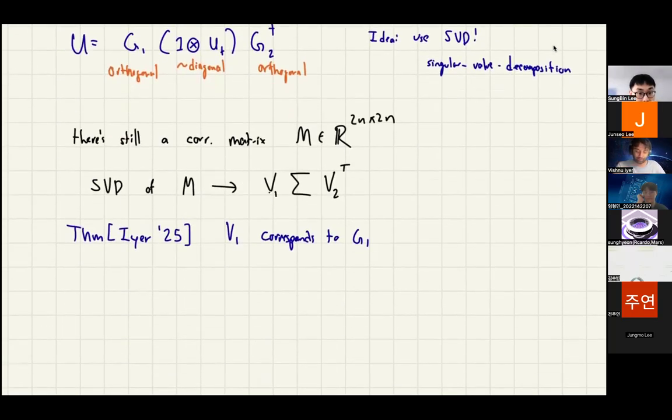Okay? V1 corresponds to G1, V2, which is this other matrix. So this is orthogonal, this is orthogonal, and this is diagonal. That's what the SVD does. V2 corresponds to G2.